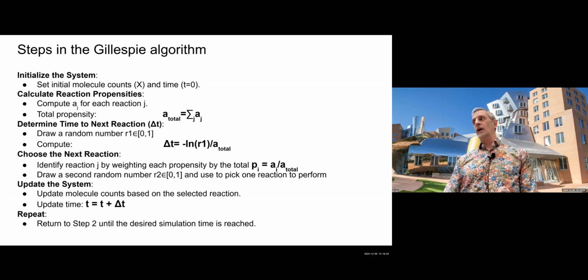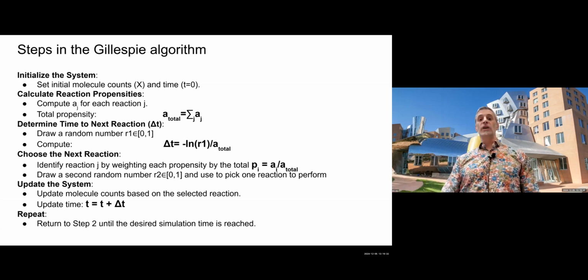So if we have a total reaction rate of, let's say, 1 every 10 seconds, then what is the waiting time until the next reaction? That's basically like an exponential decay.